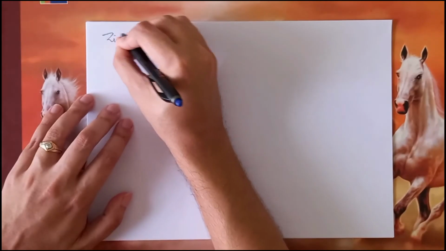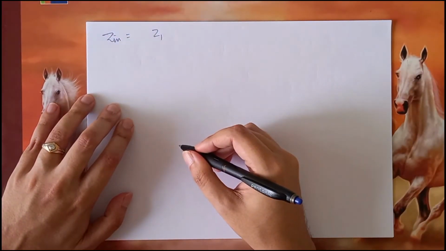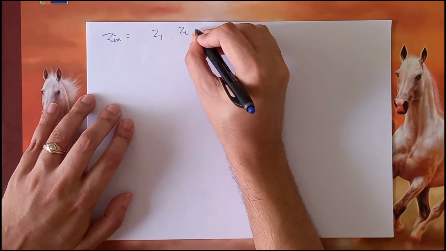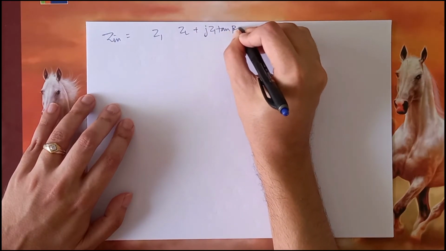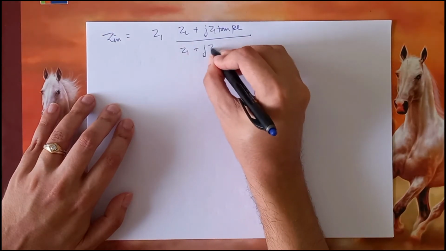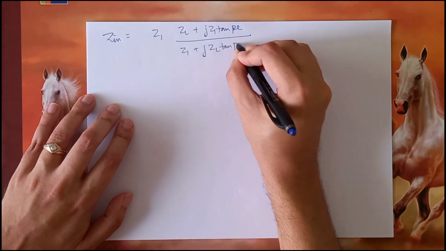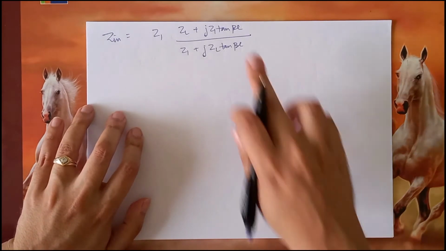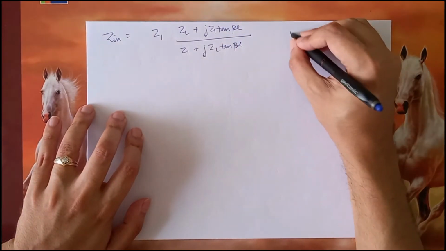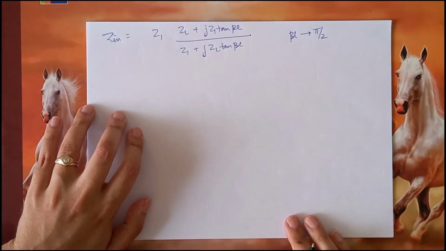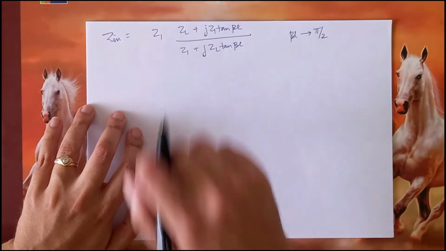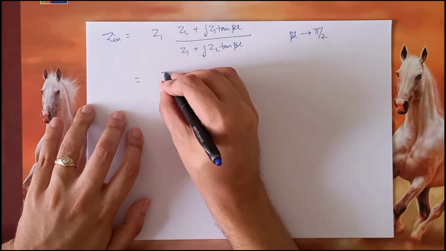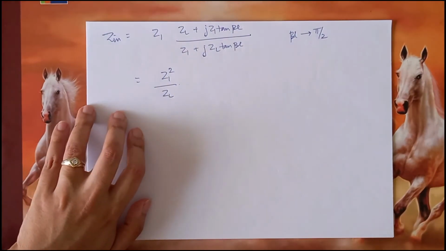this relation change? So then in that case, Zin is equal to Z1 times ZL plus jZ1 tan beta L divided by Z1 plus jZL tan beta L. So then in that case, if you apply the limiting case of beta L tends to pi by 2, what would essentially happen is that these two terms would disappear, and what you would get is this Z1 squared by ZL.